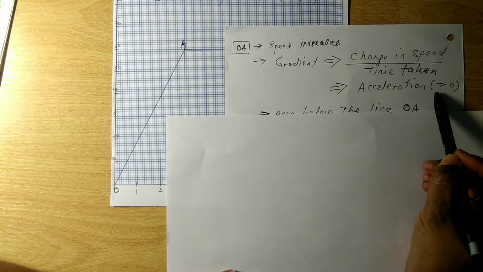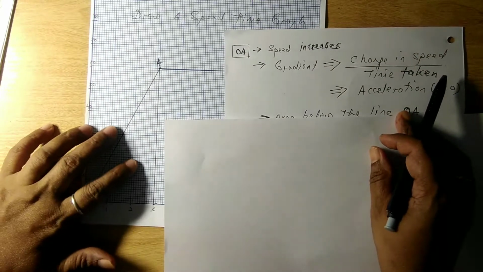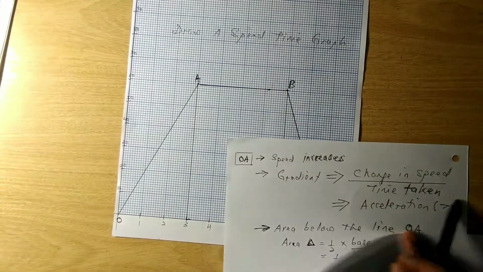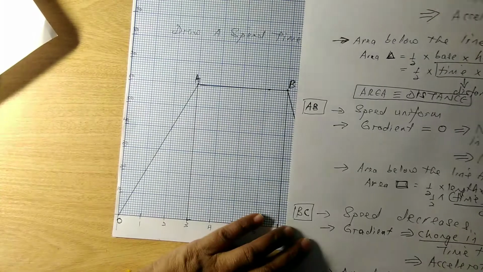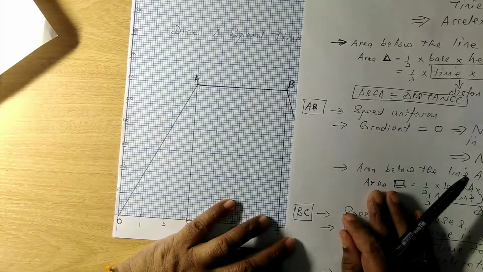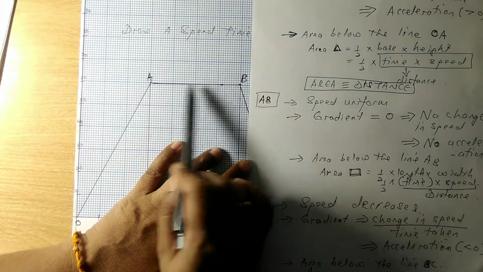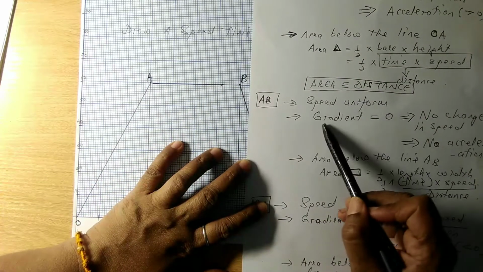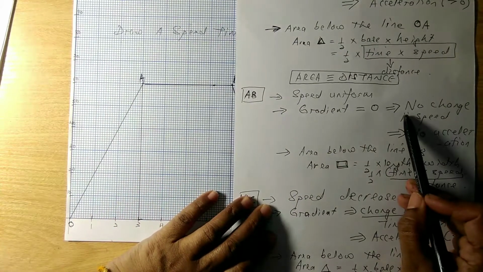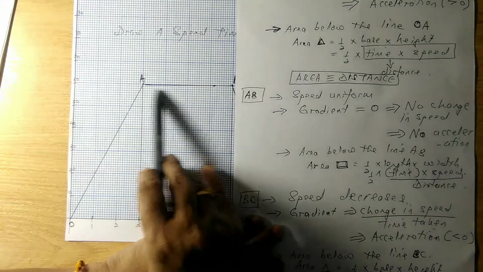Now when we're talking about this part, AB, what happens in AB? My speed remains the same. We call it the uniform speed. And when you're talking about gradient here, there's no gradient, so the gradient is 0. When the gradient is 0, there is no change in speed, meaning there is no acceleration for this part.